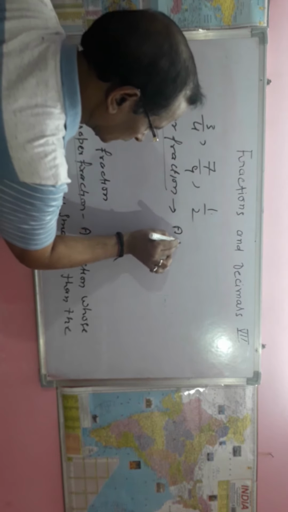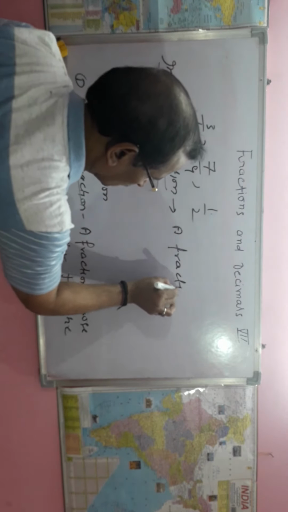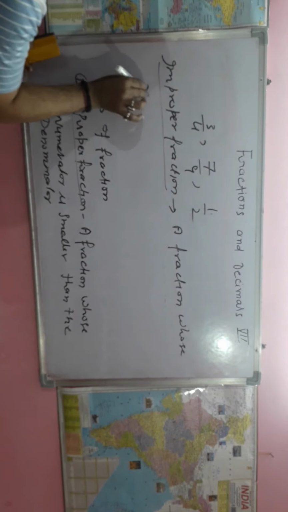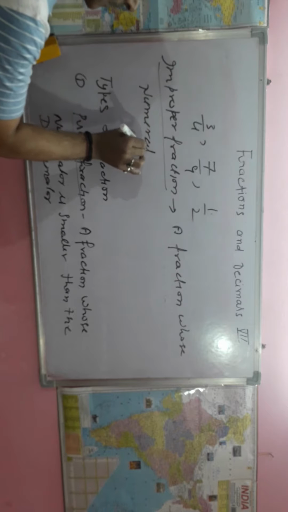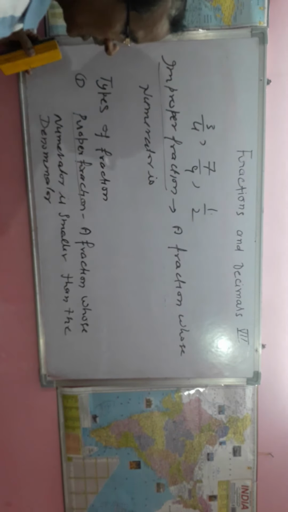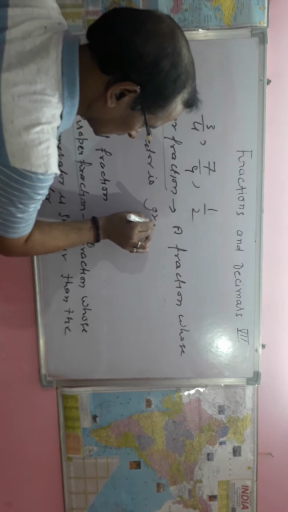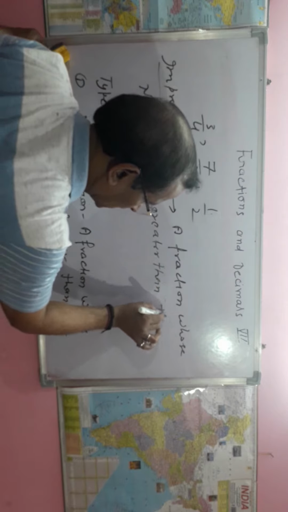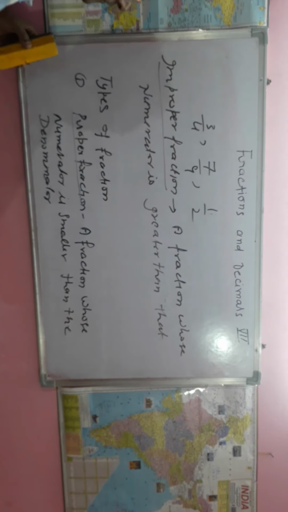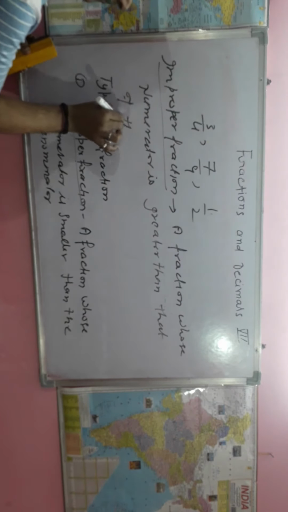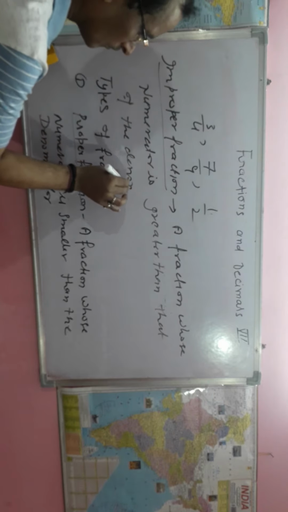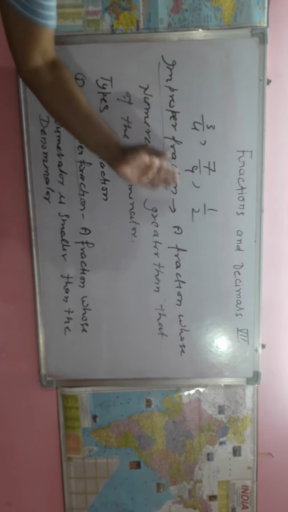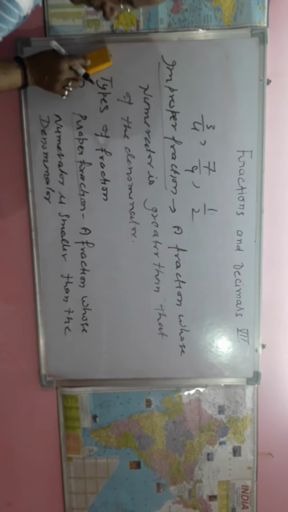A fraction whose numerator is greater than the denominator is known as an improper fraction.